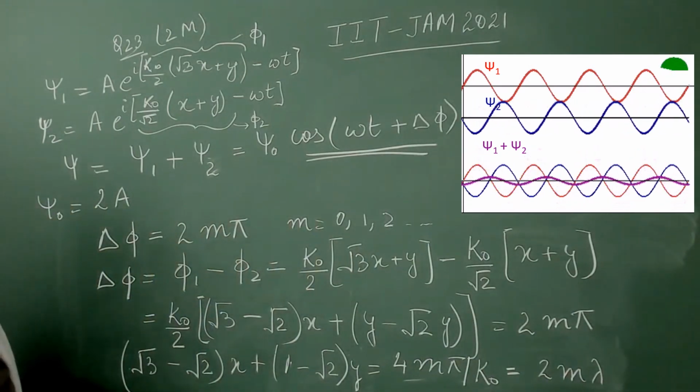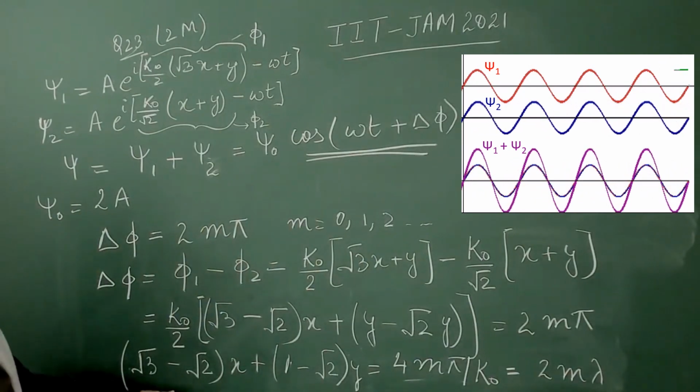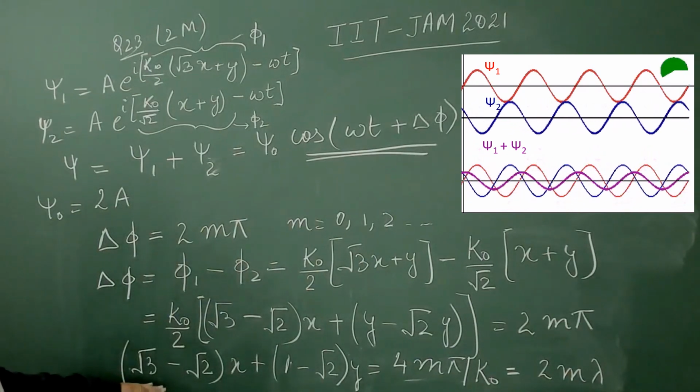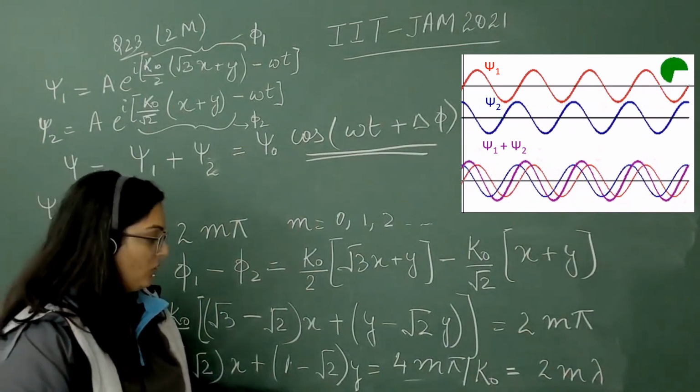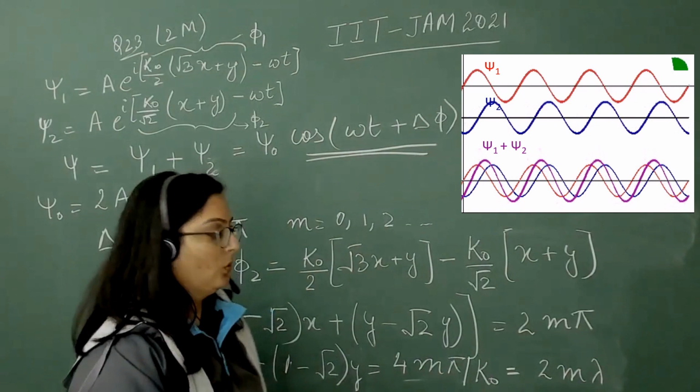So the condition for constructive interference to happen is (root 3 minus root 2) x plus (1 minus root 2) y equals 2m lambda.